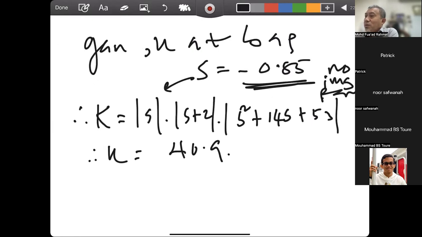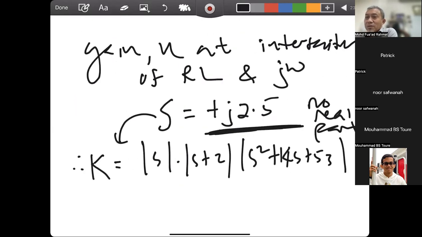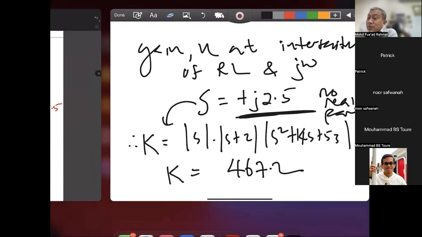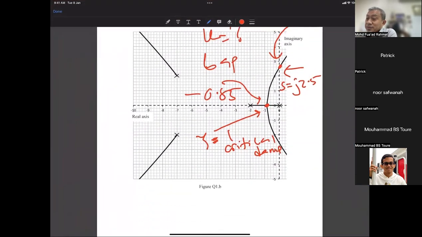This one is the imaginary part, no real part. Okay, so be careful when you insert. Then K will be 467.2. Understand? Understand, guys? Okay.